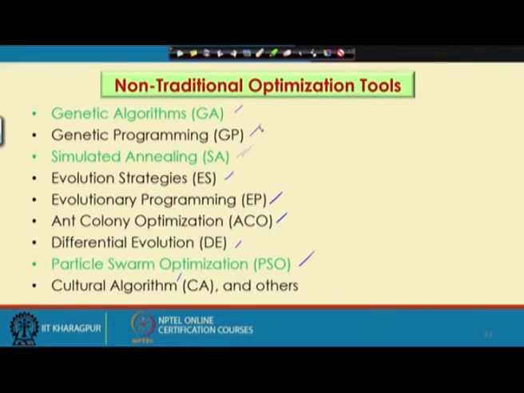And I am also going to discuss in detail the working principle of particle swarm optimization. Here we have a few advantages over the genetic algorithm. Those things I am going to discuss in detail with the help of some numerical examples.